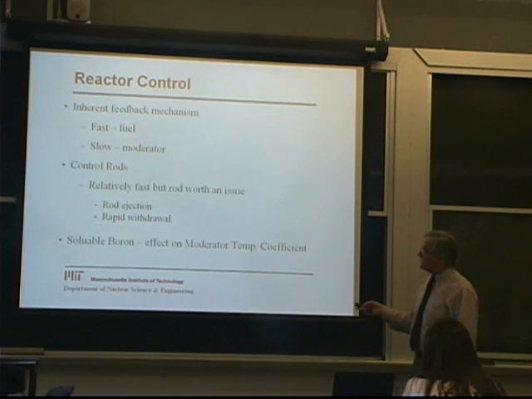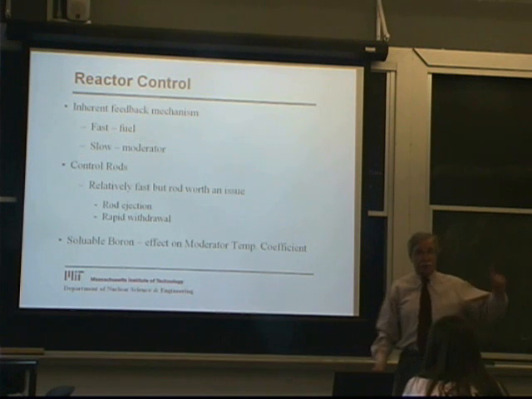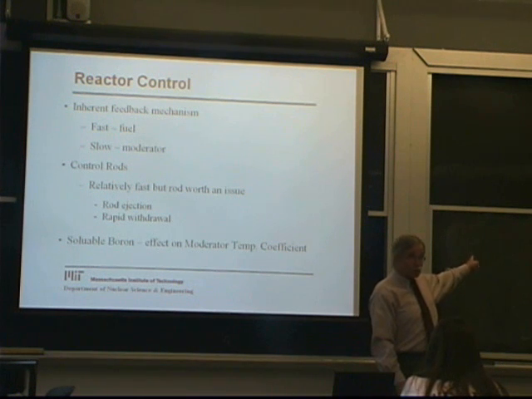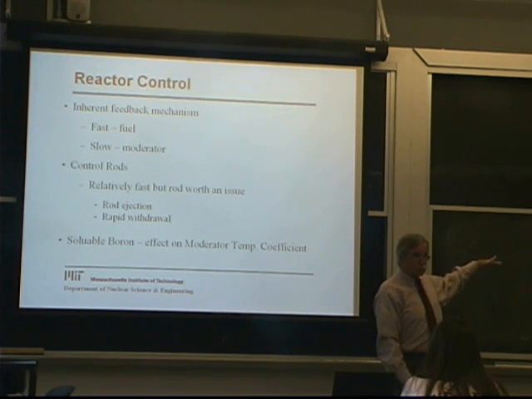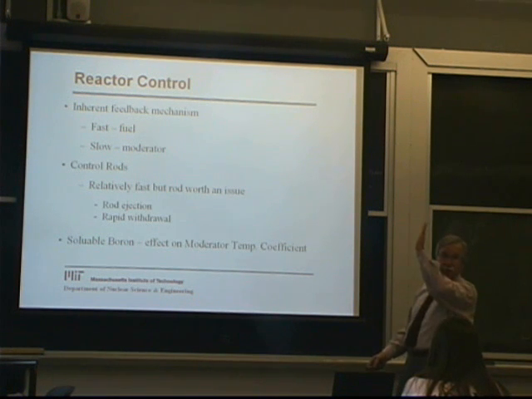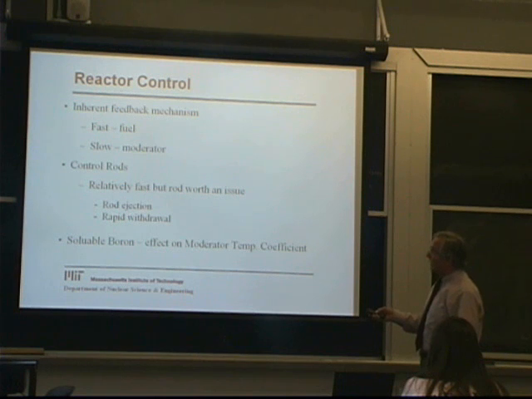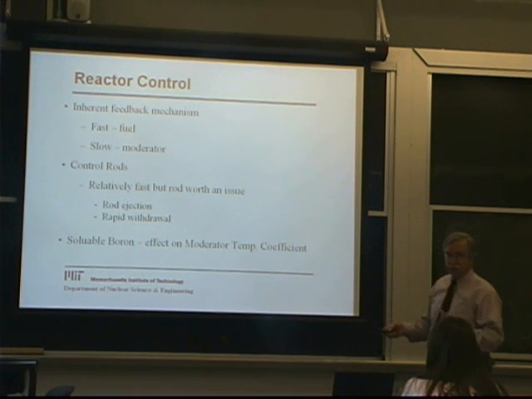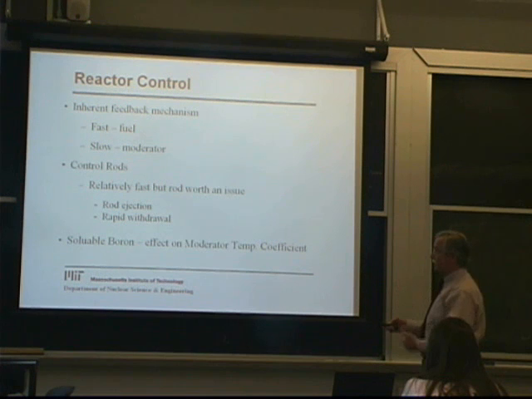So you have limits on the speed at which these rods can be physically withdrawn. That will obviously affect your reactivity insertion rate, which affects your period. And you want to keep your period at a level where it doesn't go exponential on you. And you also want to limit the rod worth such that if you eject one rod, which is one of the design basis accidents, it doesn't create significant fuel failure in terms of energy deposition.